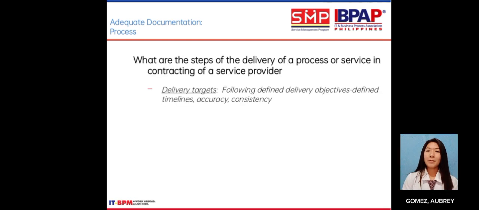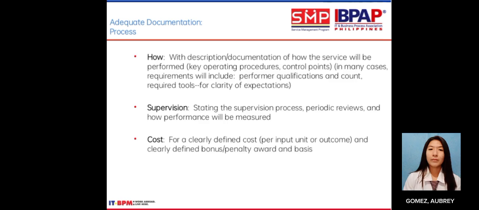What are the steps in the delivery of a process or service in contracting a service provider? Delivery targets follow defined delivery objectives, which define timelines, accuracy, and consistency. Documented processes include descriptions of how the service will be performed, key operating procedures, and control points.